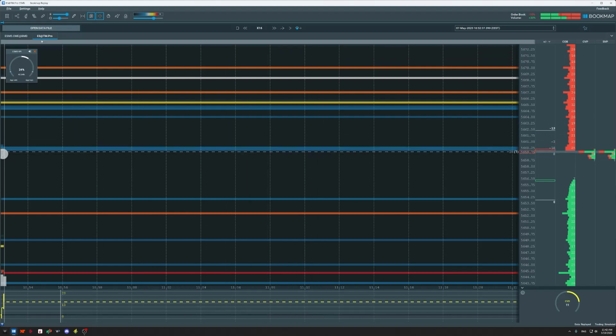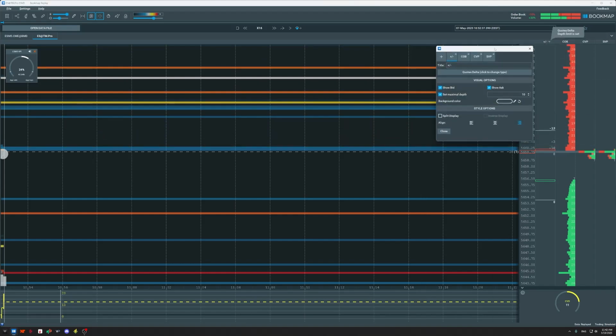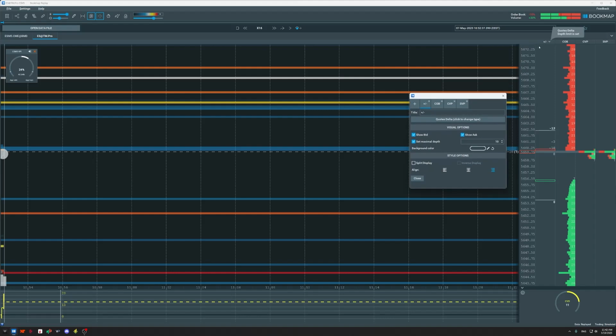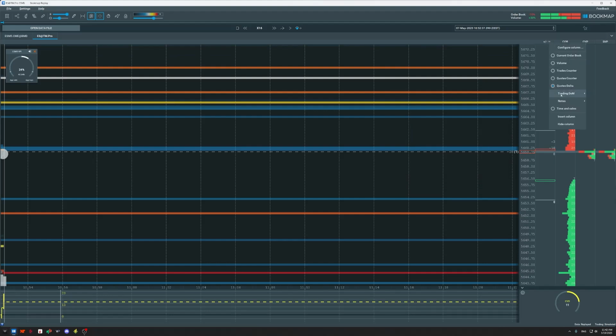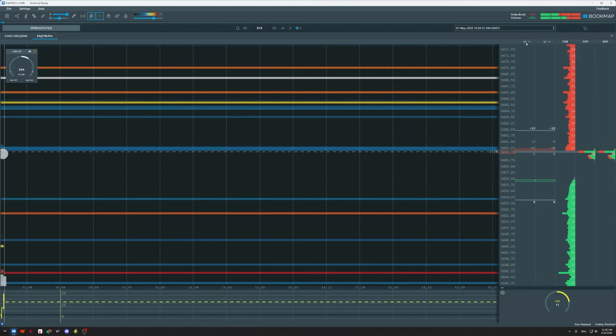So we're looking at the ES futures. You have a few columns right here. They are not important for this exercise when we're looking at the market live. The plus minus column is something that I use. If we are looking to configure it, using quotes delta, you insert a column and choose quote delta.